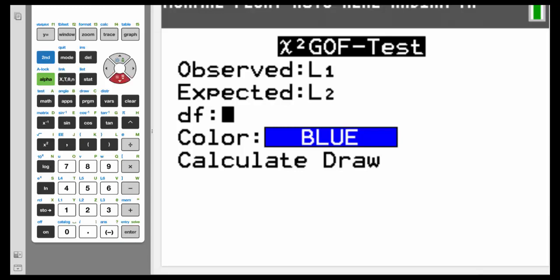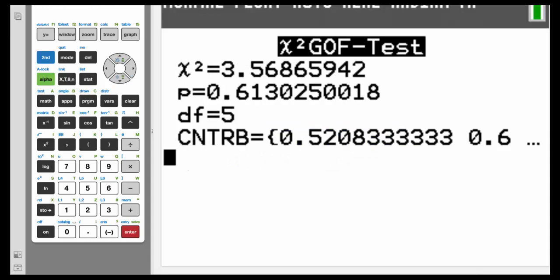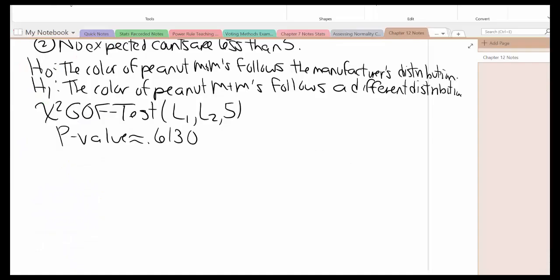The expected is L2. Now the degrees of freedom, remember it's the number of different data values minus 1. Well, we had 6 different colors, so 6 minus 1 is equal to 5. Highlight Calculate and hit Enter. So the p-value in this particular case, rounded to 4 decimal places, is going to be 0.6130.